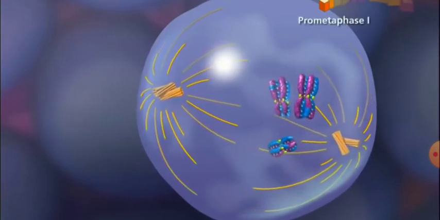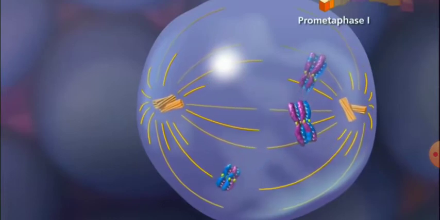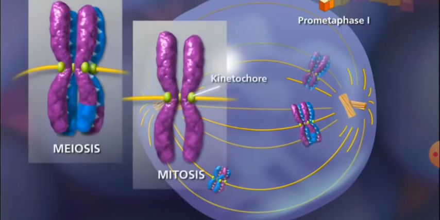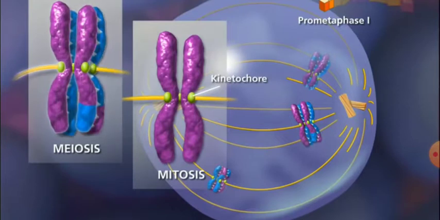See how the nuclear envelope disintegrates. How a spindle is formed here. See what is the kinetochore.